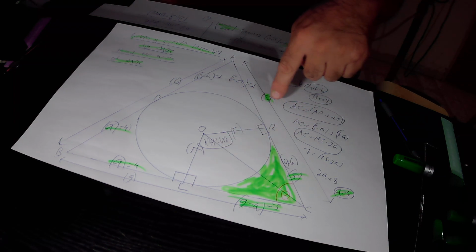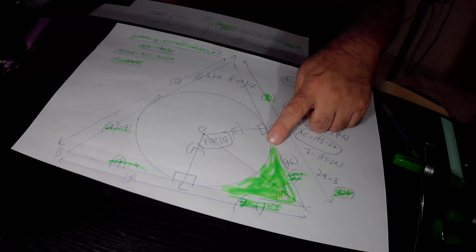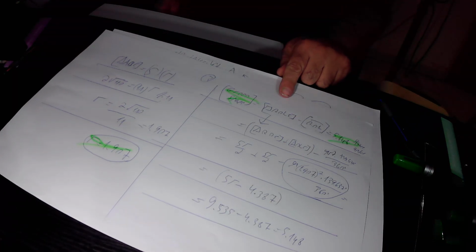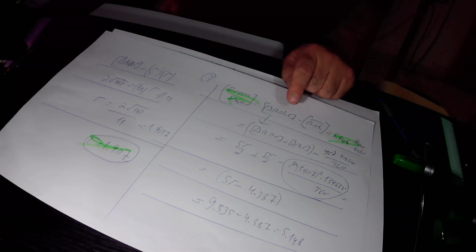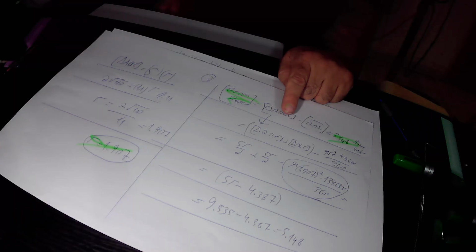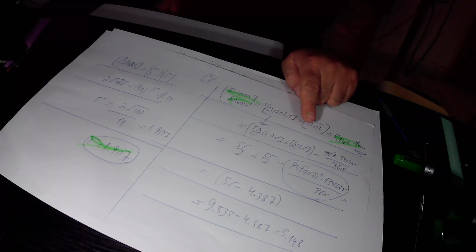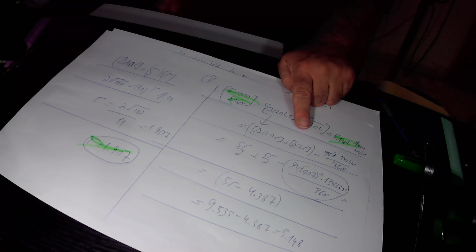So the area of quadrilateral QOLC equals the area of this right triangle QOC plus the area of the right triangle OLC.